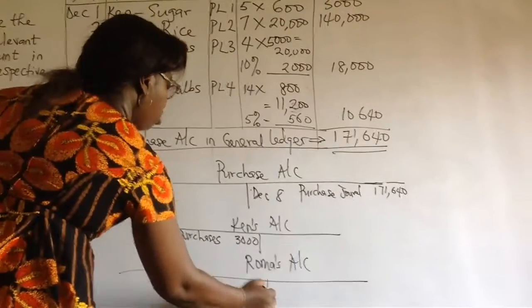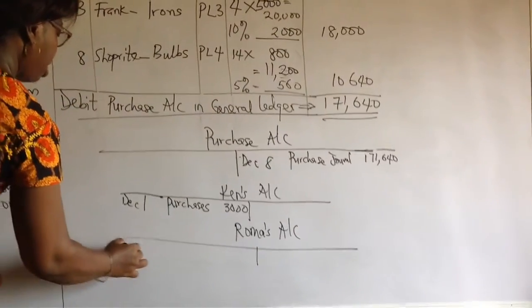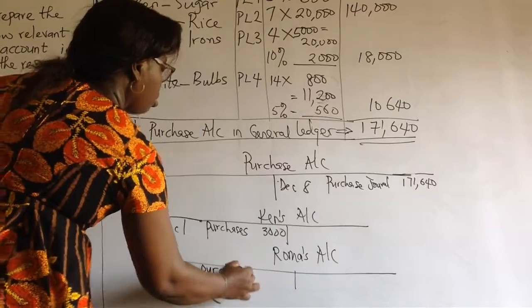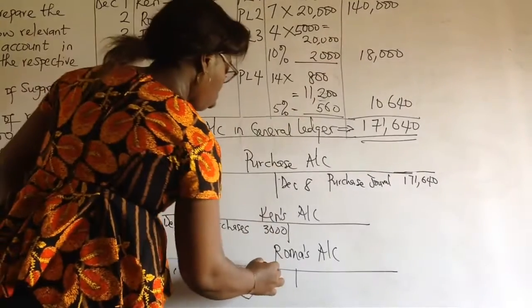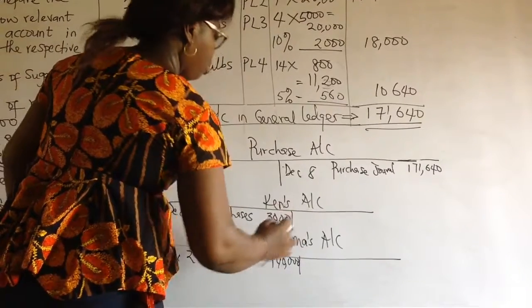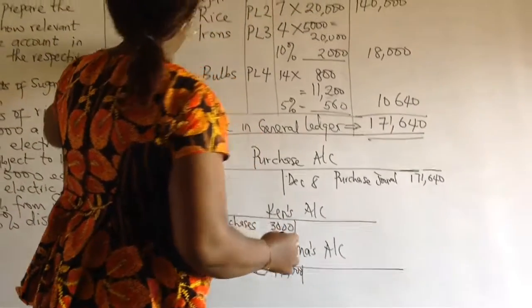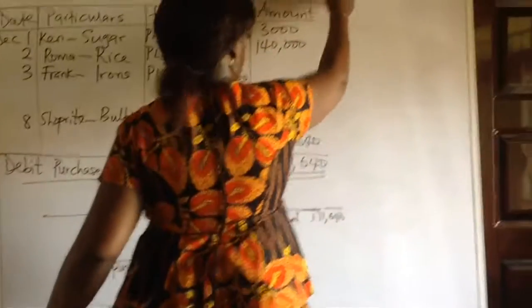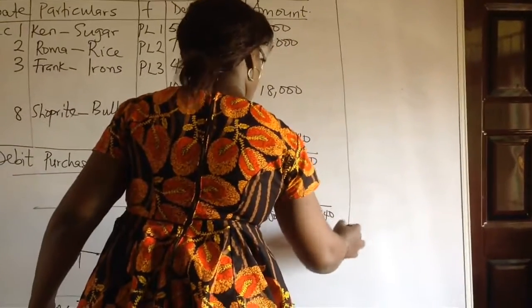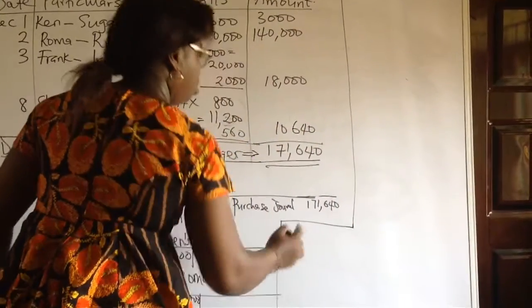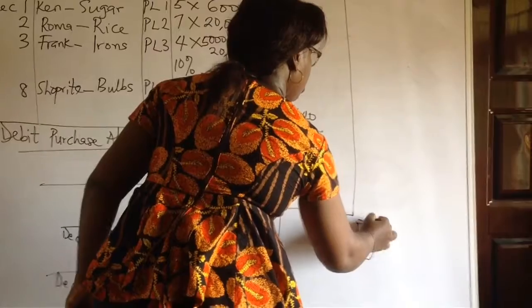The same thing, you credit it. December 2nd, purchases. The amount is 140,000 naira. The third account is Frank's account.